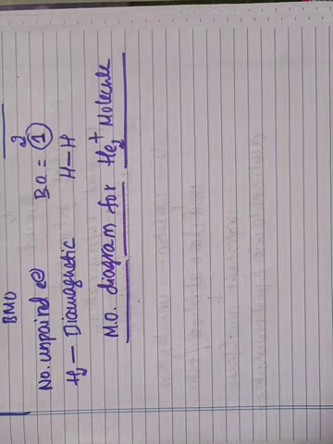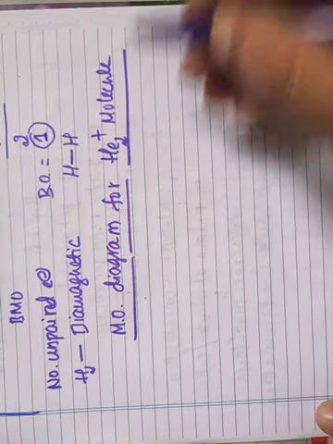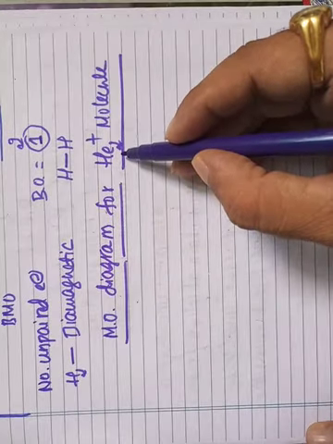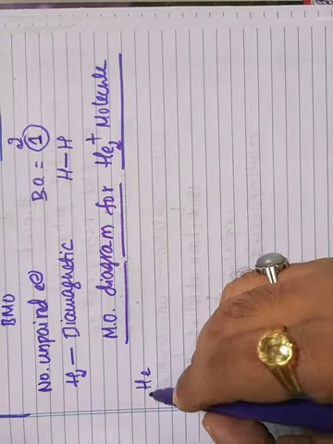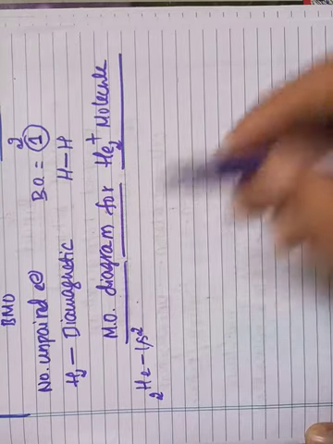This He2 plus molecule consists of 2 helium atoms. Helium's atomic number is 2, so its electronic configuration will be 1s2.